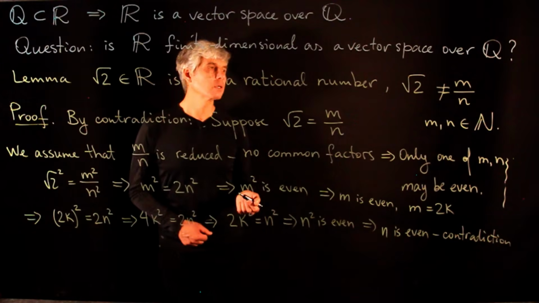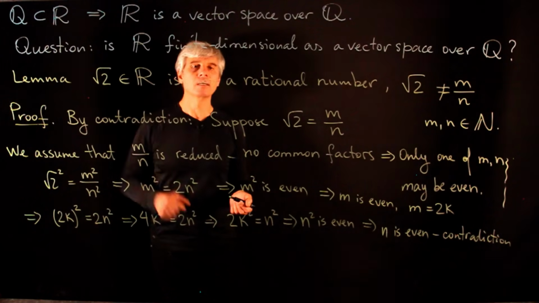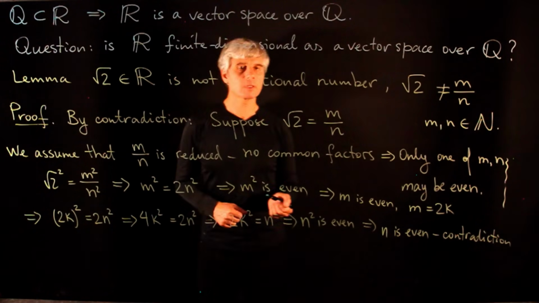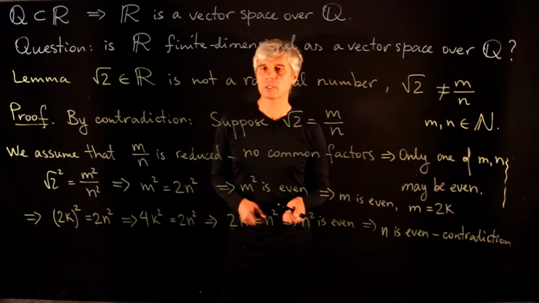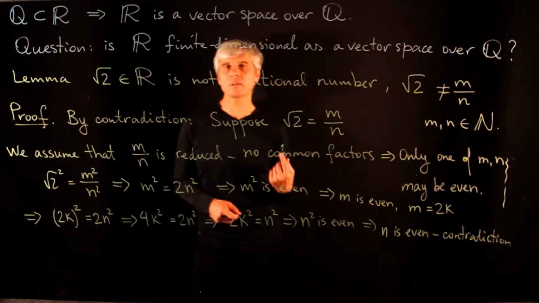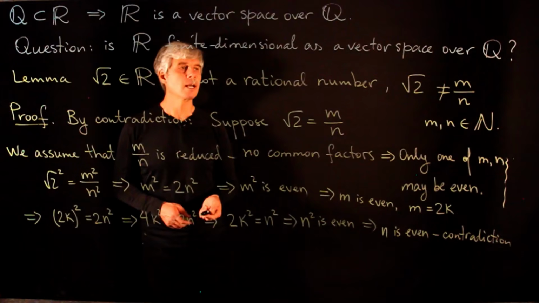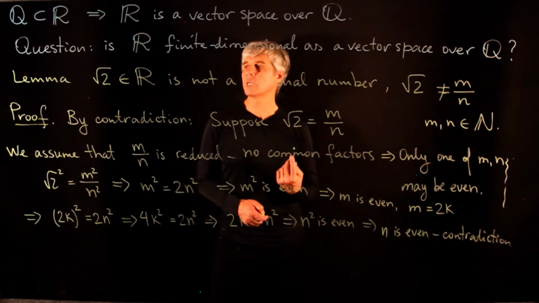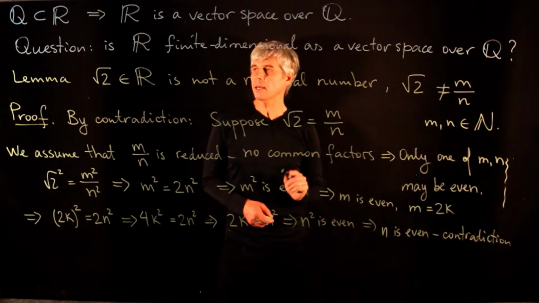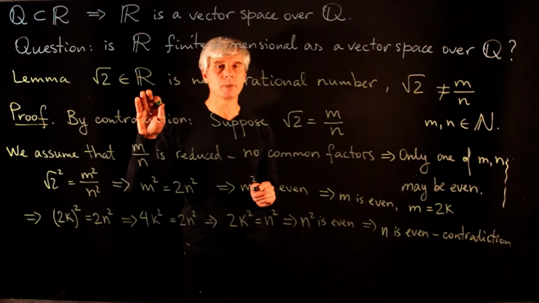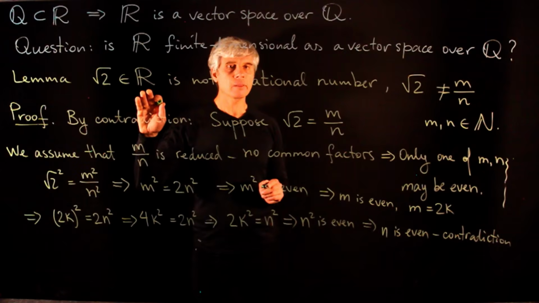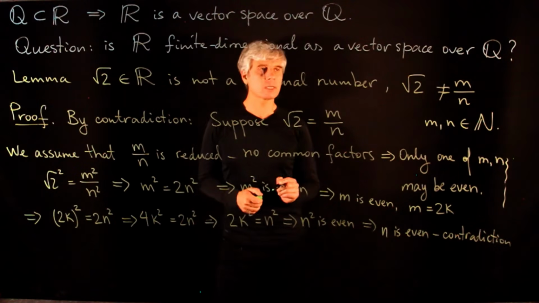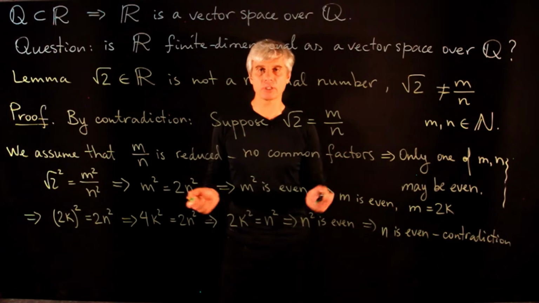This fact, so this lemma, was discovered by mathematicians in ancient Greece in the Pythagorean school. And this caused a big shock for them, because at the time there was no concept of a real number. And the understanding was that all numbers are rational.